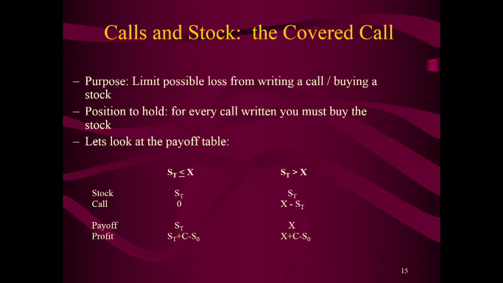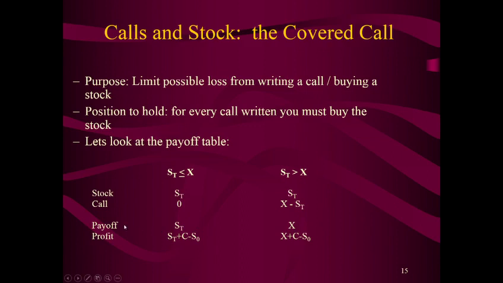Okay? So if the call is in the money, the value of the call becomes X minus ST. Everybody knows why it's X minus ST, right? Instead of ST minus X, because it's a short call, okay? You put a negative to the whole term. So the payoff becomes ST, and this becomes X, right?